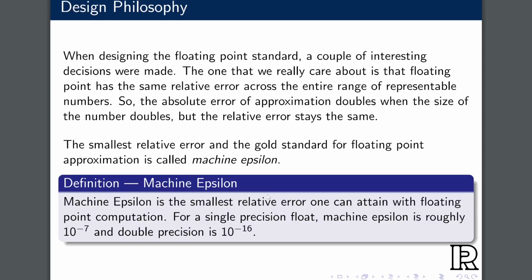When I do computational mathematics, my goal is to get every single algorithm I do to be roughly machine epsilon accurate. So 10 to the minus 16 is kind of the gold standard, the best you can possibly hope for. So if you can reach it, you're fine.